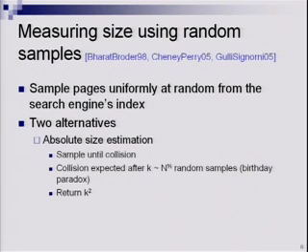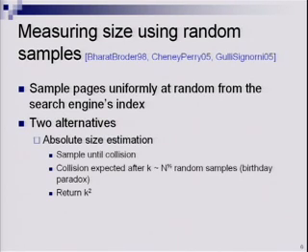By a simple probabilistic argument called the birthday paradox, it's easy to show that you expect this first collision to happen after about root n steps, where n is the real size of the search engine. So if you got the collision after k steps, you can estimate the size of the search engine as k squared.